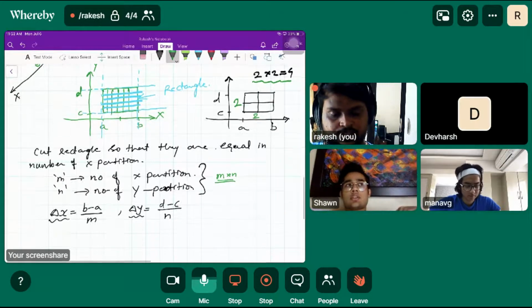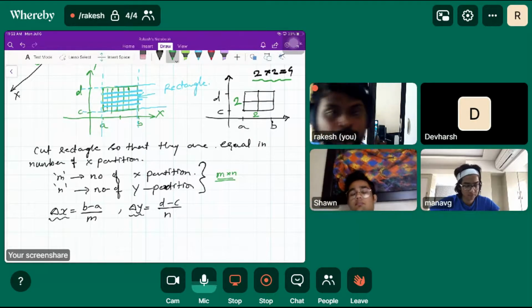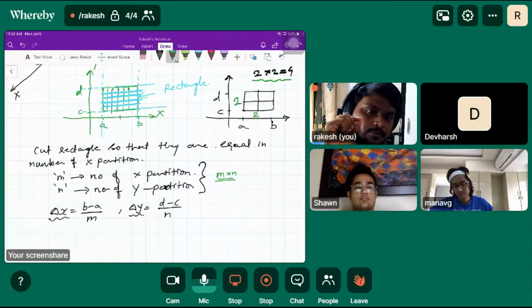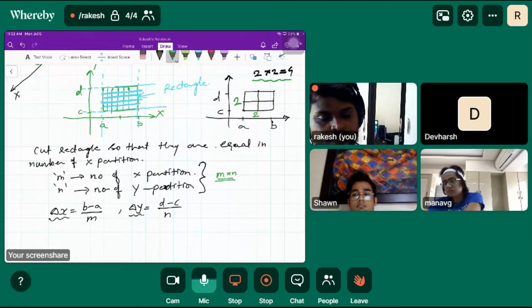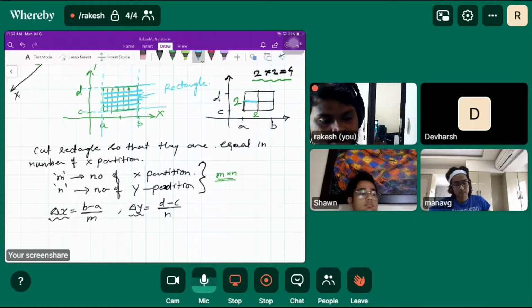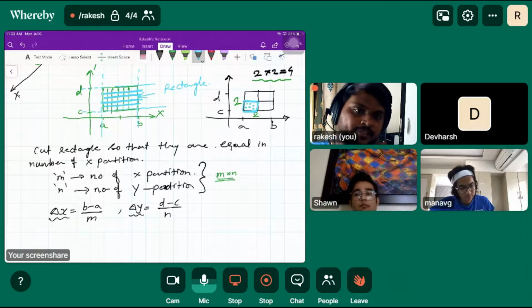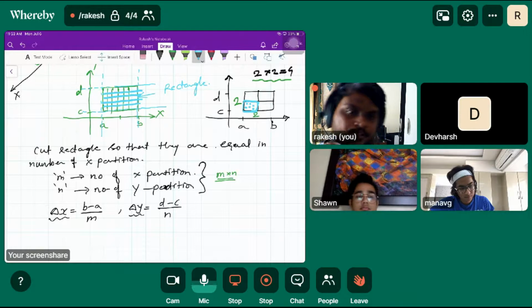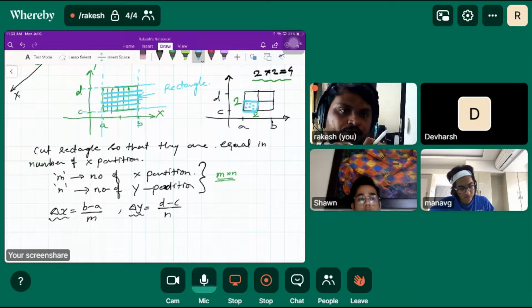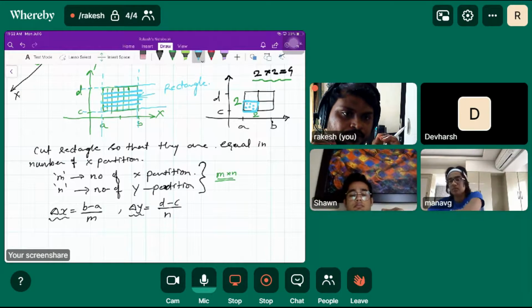Yes, z value. To figure out the height of each cuboid, we have to plug in some point from the rectangles. The point could be on the boundary of each rectangle, or anywhere within the rectangle. Are you getting that? This is very important. We can plug in any point from the boundary, or any point within the boundary.